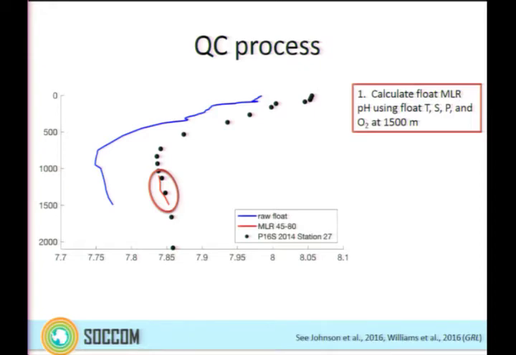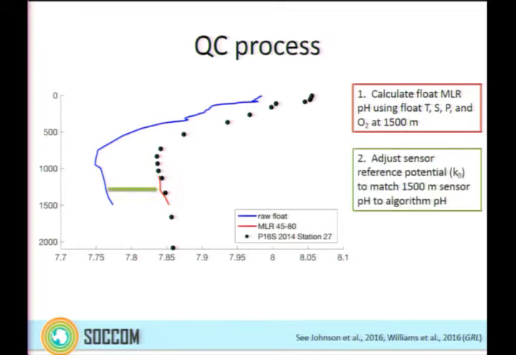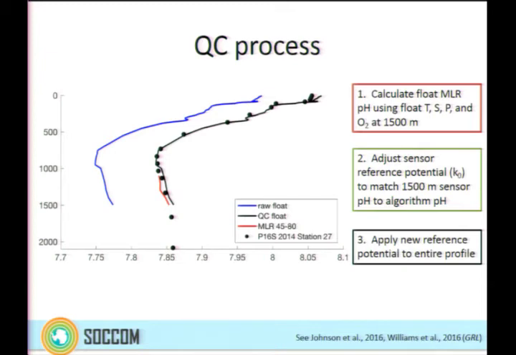And so we look at the difference between the raw sensor and what we think pH should be, and we adjust the reference potential for the sensor to match the raw data to this algorithm estimate. And then we apply the reference potential to the entire profile. And so the black line is now our quality controlled float data.